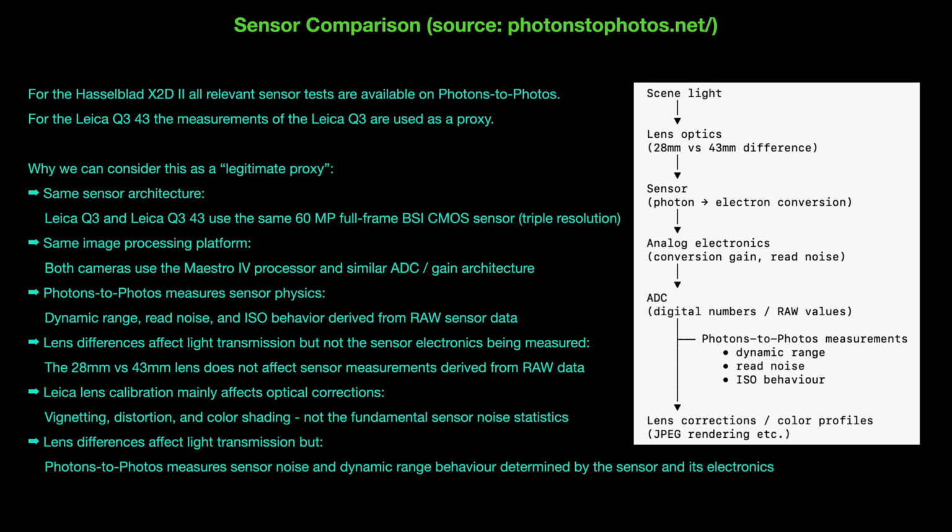When we talk about analog electronics, conversion gain, read noise, analog to digital conversion, digital numbers, raw values, dynamic range, ISO behavior, all of that. And lens corrections and color profiles typically don't matter for the type of analysis photons to photos is doing. So I consider the Leica Q3 curves to be a legitimate proxy for the non-existing Leica Q3 43 curves.